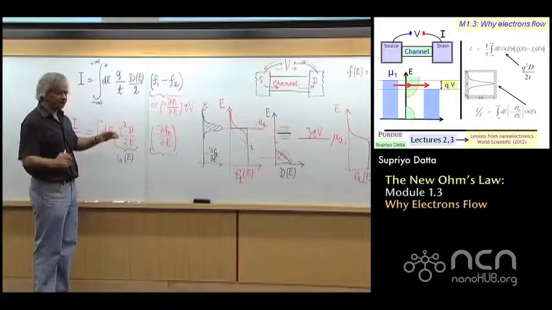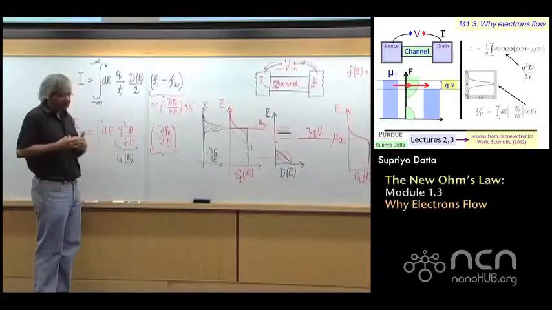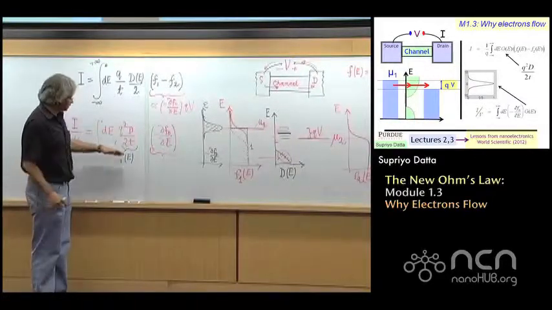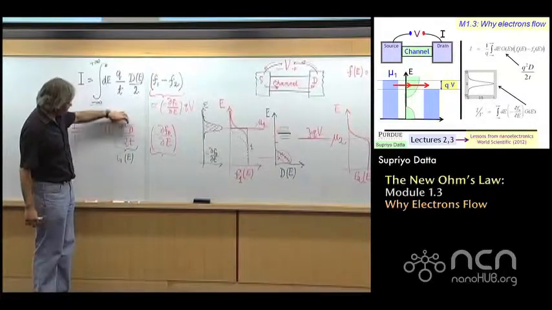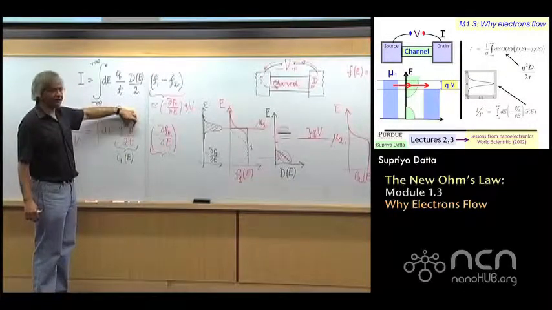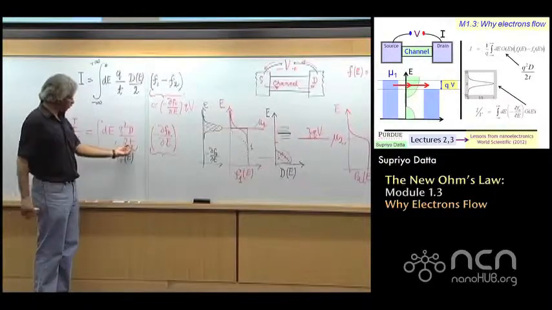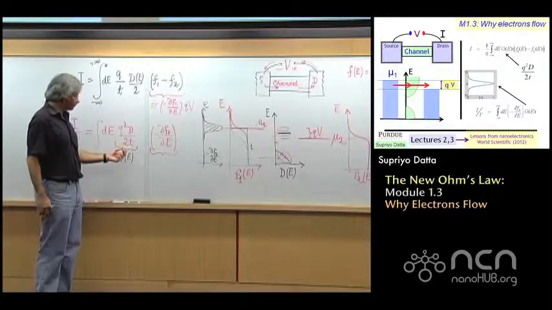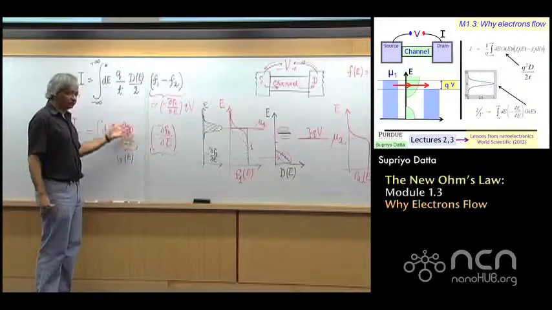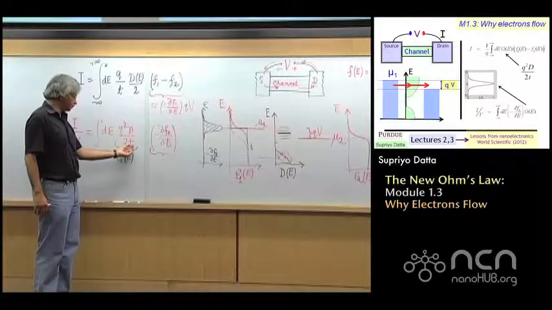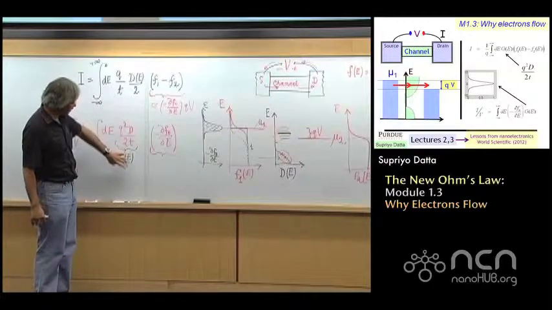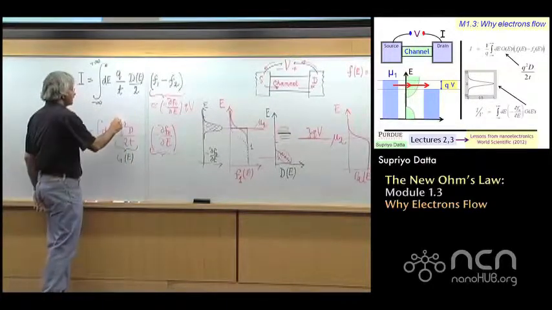And which kind of sounds reasonable, because conductance tells you this flow of current. How well does it flow? Well, it depends on how many lanes you have on your highway and what's the speed limit on your highway and how fast electrons can get through. So if it takes a long time to get through, then you don't get much of a current. If it is short time, you get a lot of current. So conductance is proportional to that.